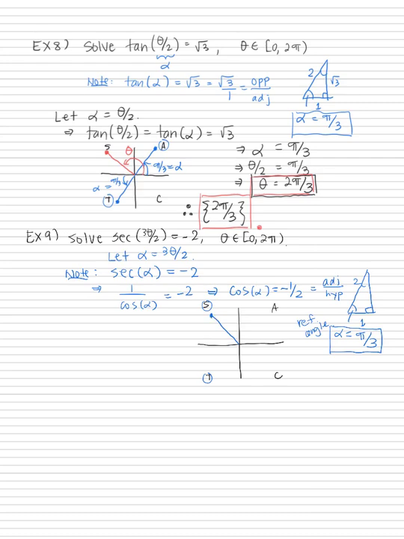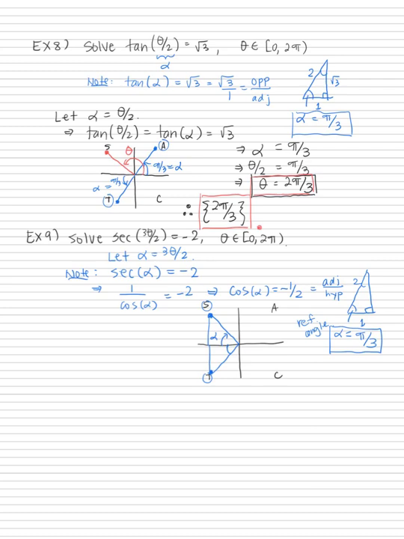So from here to here is our alpha, which is pi/3. And again, from here to here is pi/3 as well. Okay, so now let's try to find the angle.